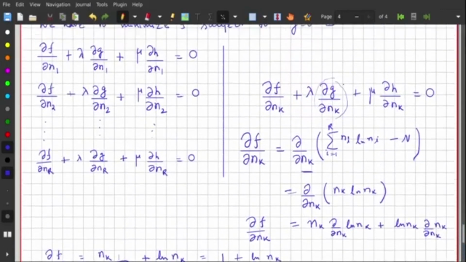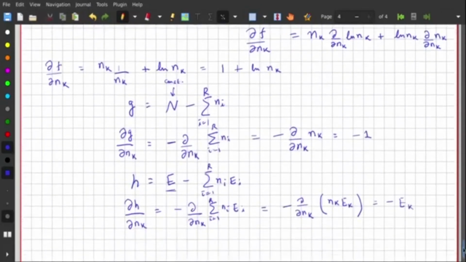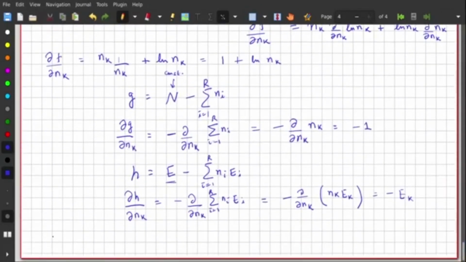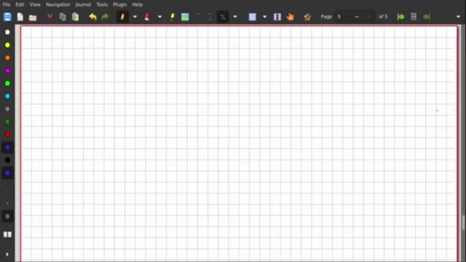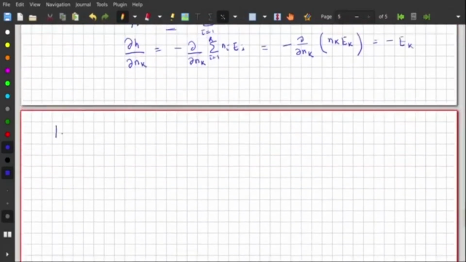Okay, so we have all the derivatives now, and let's combine all of them. So partial f partial n_k, that is 1 plus log n_k.